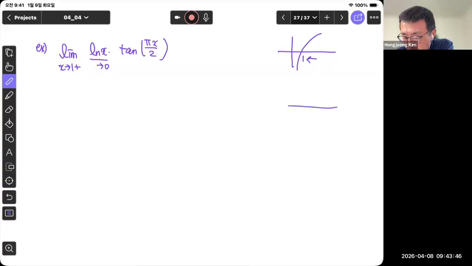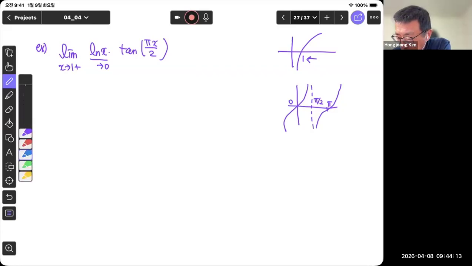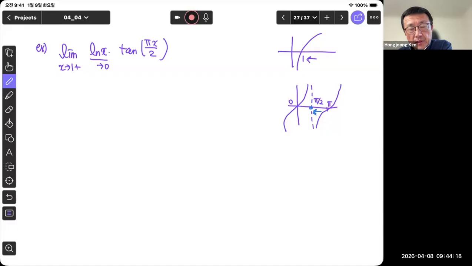So given this is the graph of the tangent function, and as x approaches pi half from the right, the corresponding tangent diverges to negative infinity.